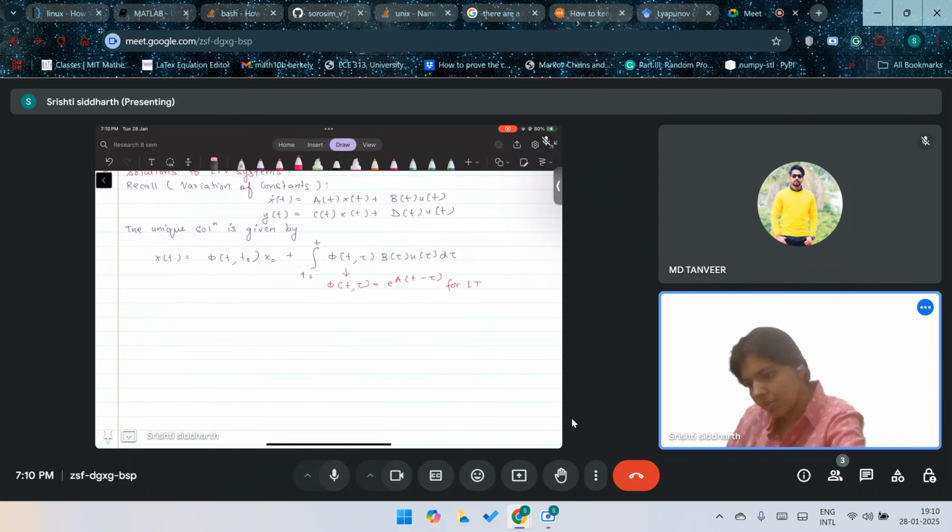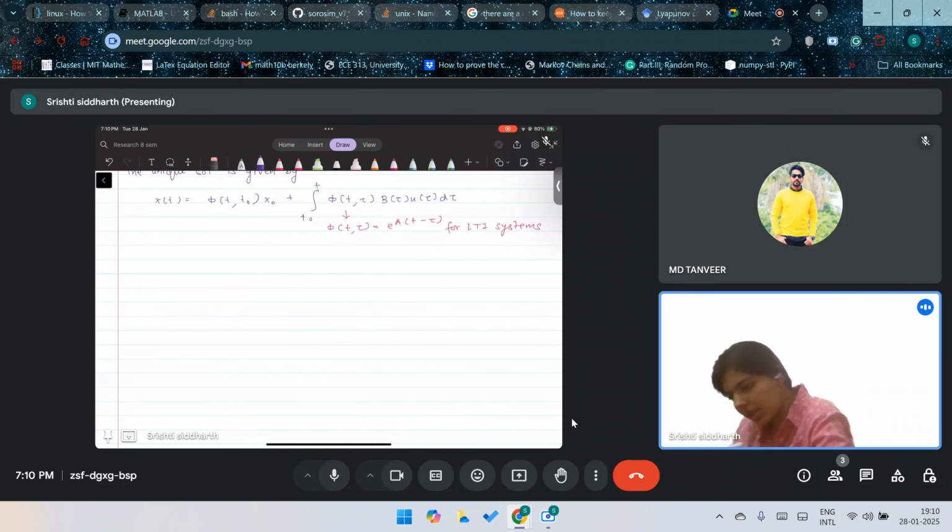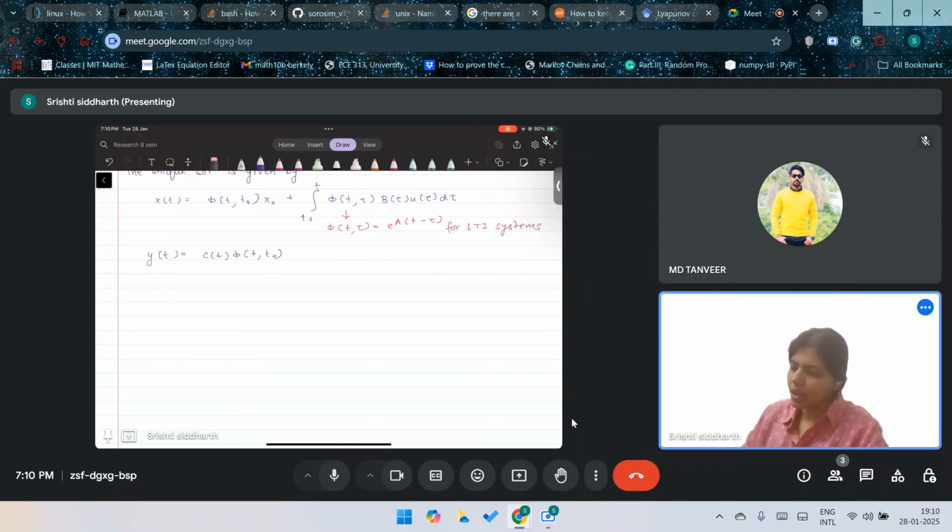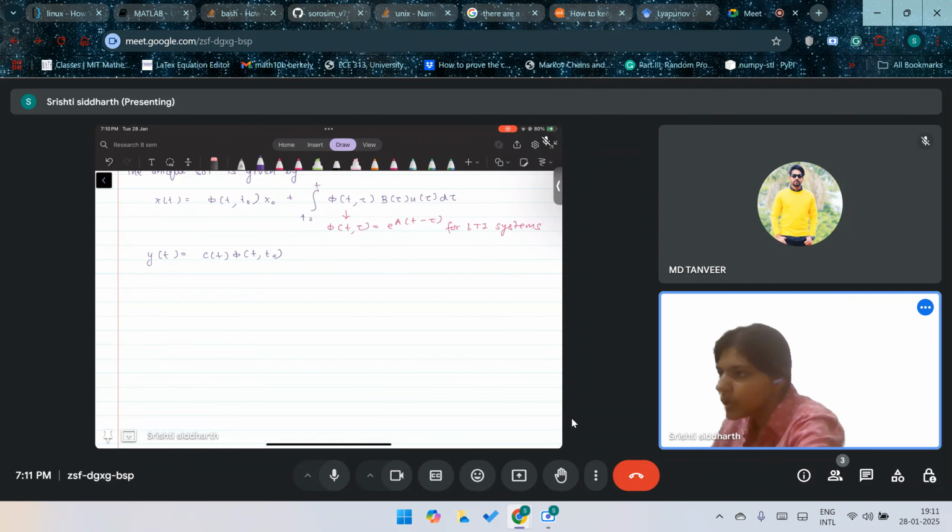And if this is the state, then the output is simply C times x(t), so C(t) phi(t, t0) x0 plus C(t) times the integral, plus D(t) times u(t). And this is a state transition matrix with some properties, so let's look at those.